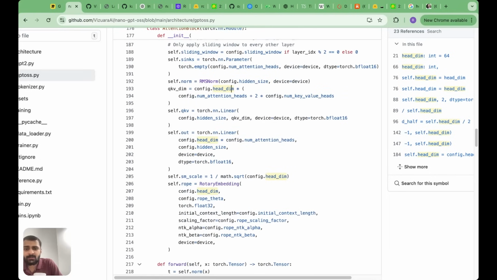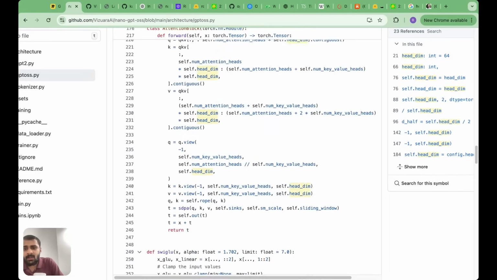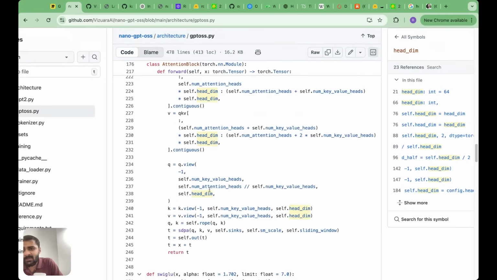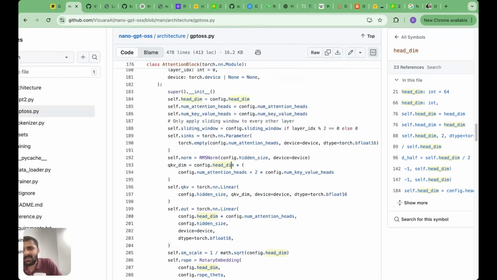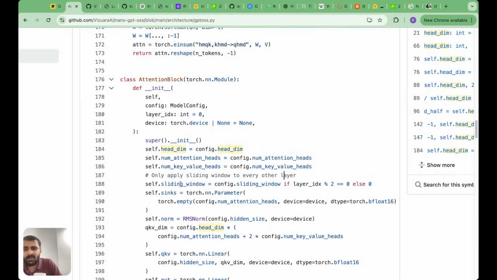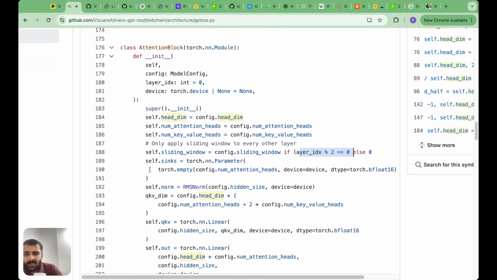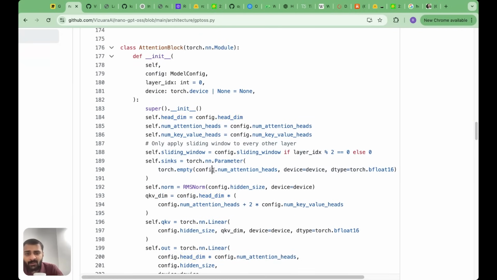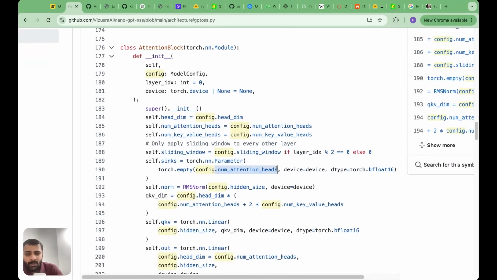So I hope all of you now can relate the different things which we have learned in the attention mechanism. First, this is where the sliding window is applied to every other layer. If layer idx % 2 equals 0, which means that every alternate layer has the sliding window applied to it. These are the sink parameters which are added as columns to my attention matrices.